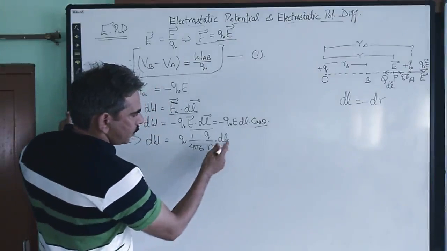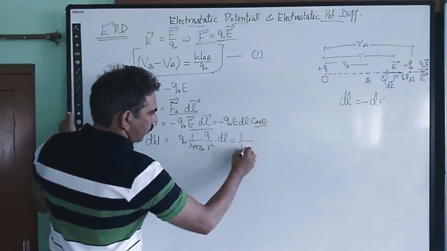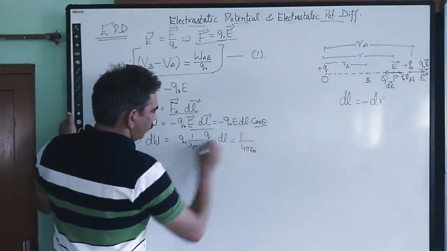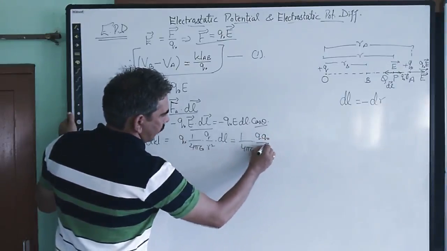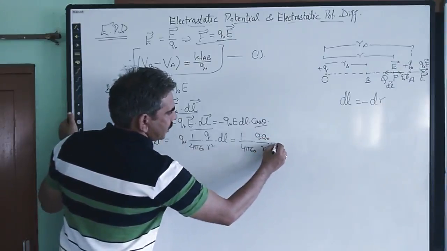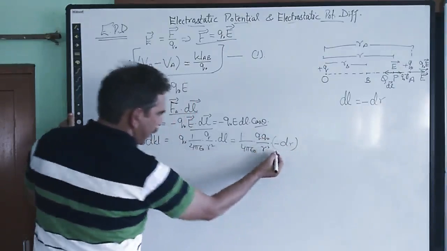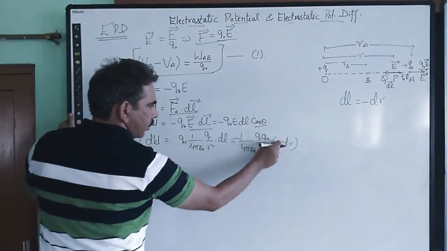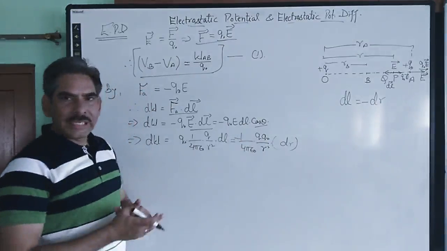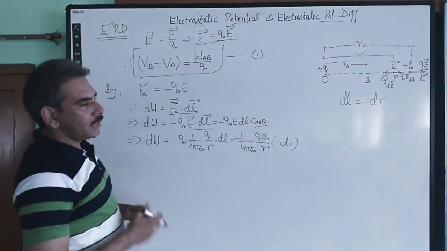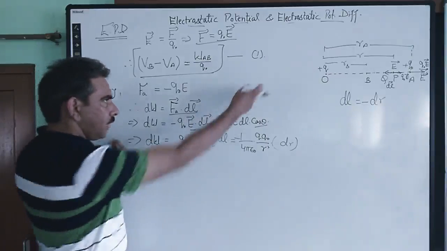So in place of dl, we can simply write it as 1 upon 4 pi epsilon naught into q naught upon r square into minus dr. That minus you can write here, so simply it is dr. So therefore, what is the total amount of work done in bringing the charge from A to point B against the electric field of the given charge?